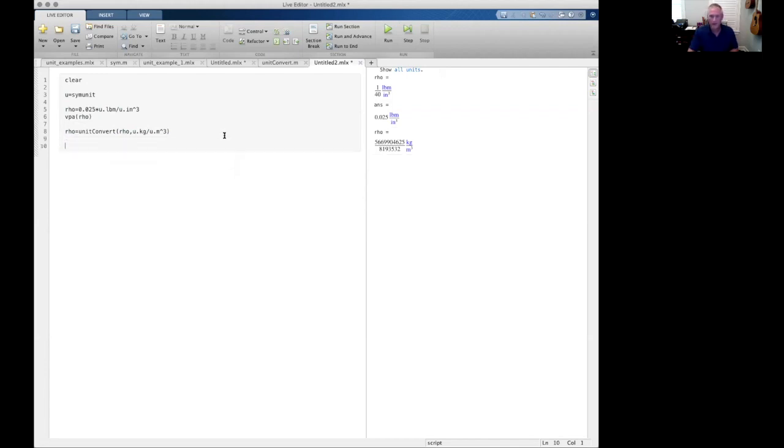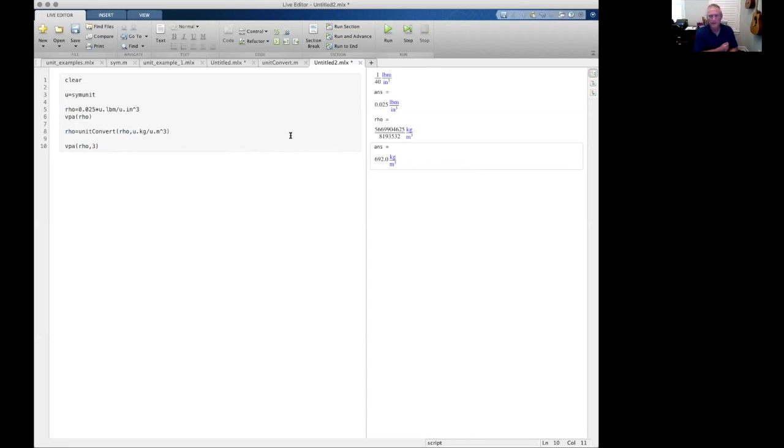Okay, so I can again do VPA rho, and if I do that, watch what happens. I get a ridiculous number of decimal places. Okay, and so I can control that and say, well, I want to only see 3 significant digits. Okay, and there we are, 292.0 kilograms per meter cubed.